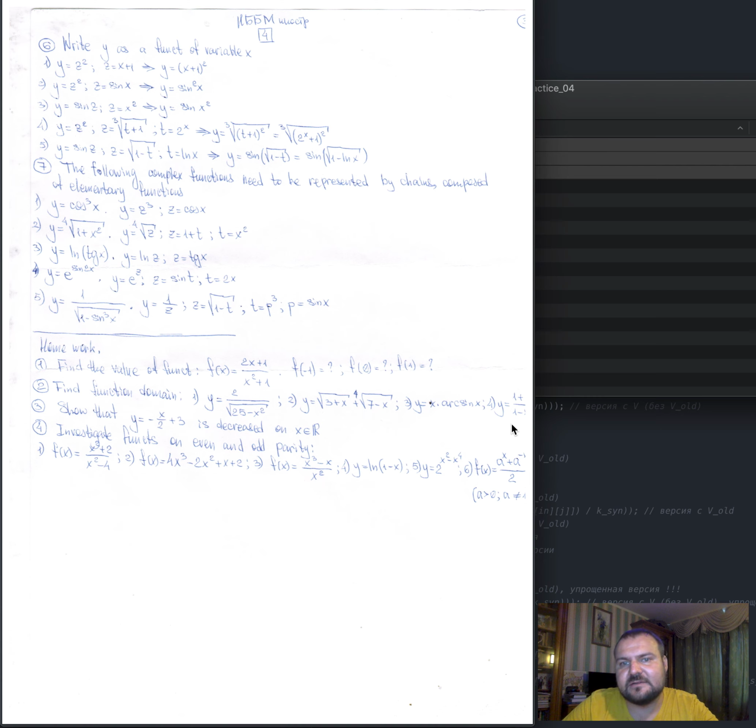And the next one, the fourth: y is equal to, in the numerator, 1 plus x divided by, in the denominator, 1 minus x.